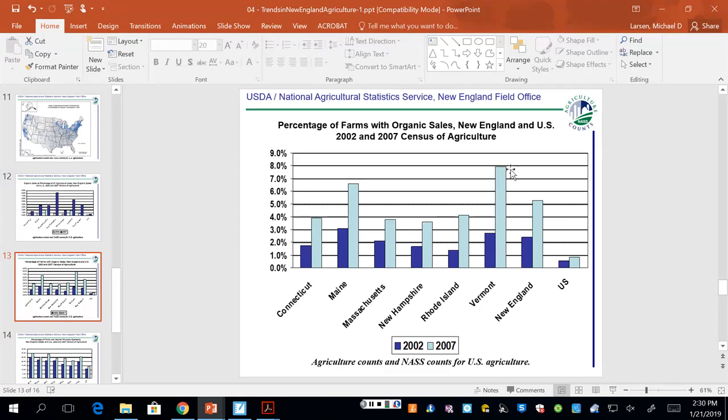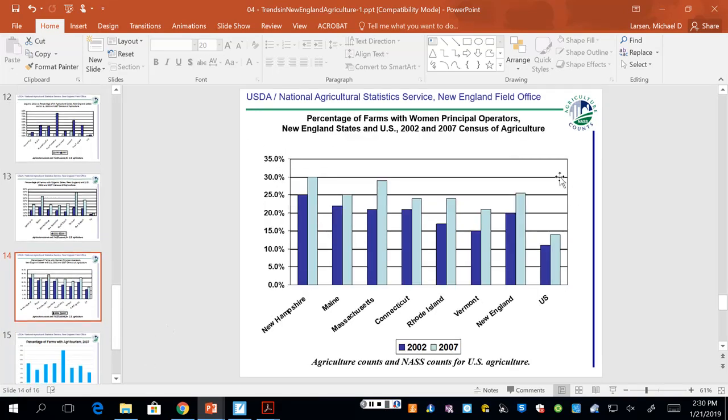Vermont is the leader of these New England states, but still it's not much, and it's interesting to know it's gone up. Percentage of farms with women principal owners. So a lot of interesting stuff comes out in these variables, I think, right? Those are just some examples of how it's used in meaningful ways. On Wednesday, we'll come back and look at quantitative summary of mean and standard deviation.